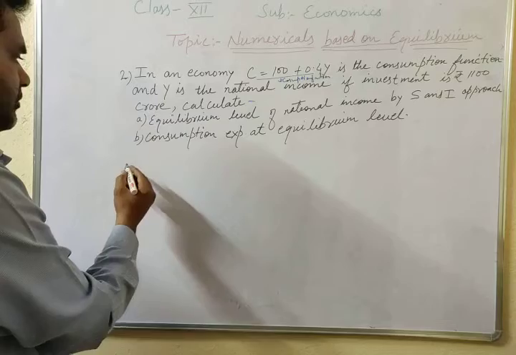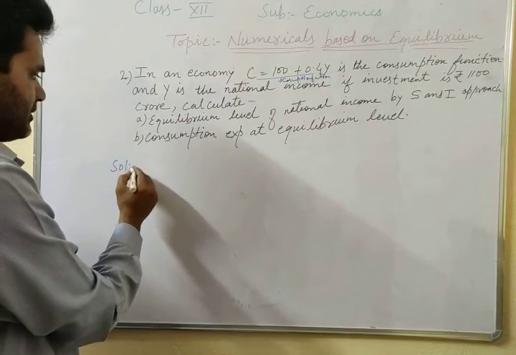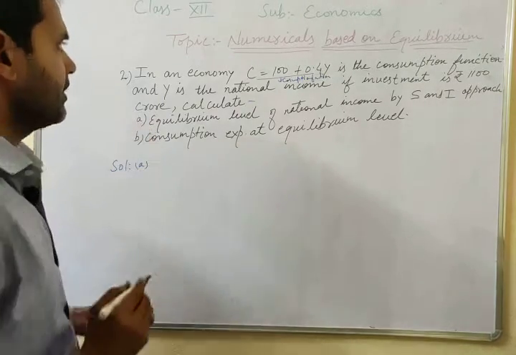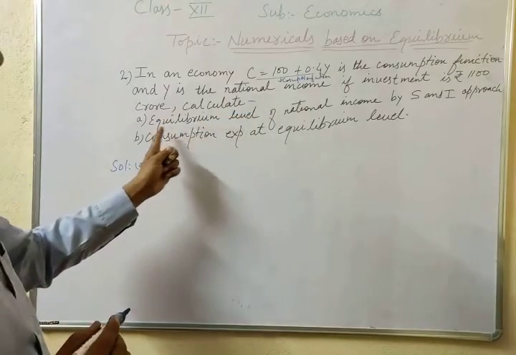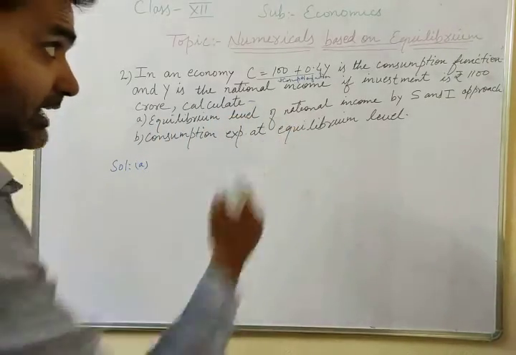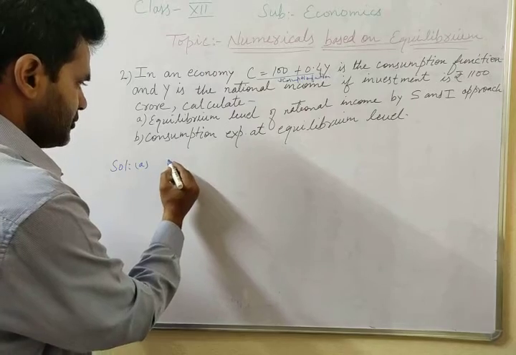So first we calculate part A. What do we have to calculate? The equilibrium level of national income by the S and I approach.